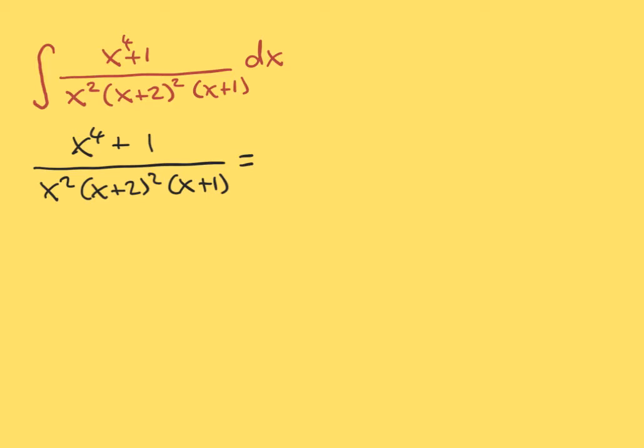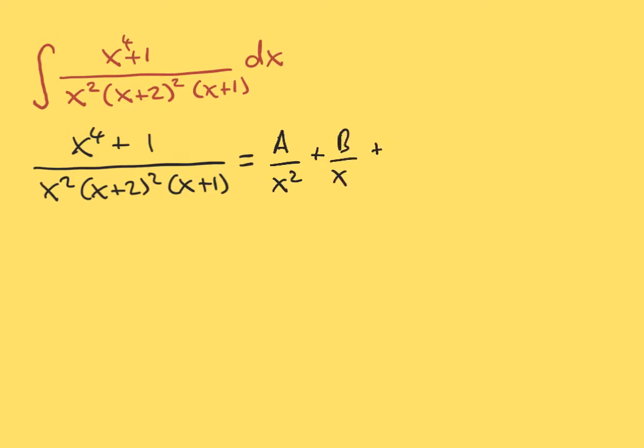And this factor here is squared, so it's repeated twice. This is not an irreducible quadratic. It vanishes when x is 0. And this term here is also repeated twice. This is not repeated.